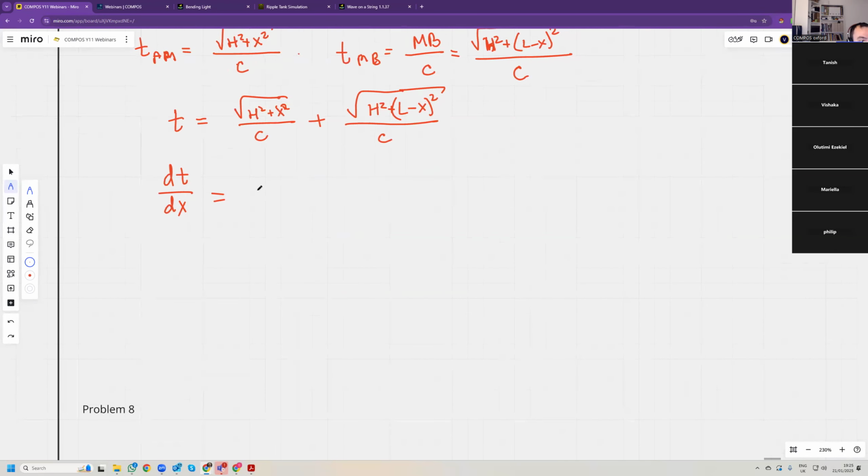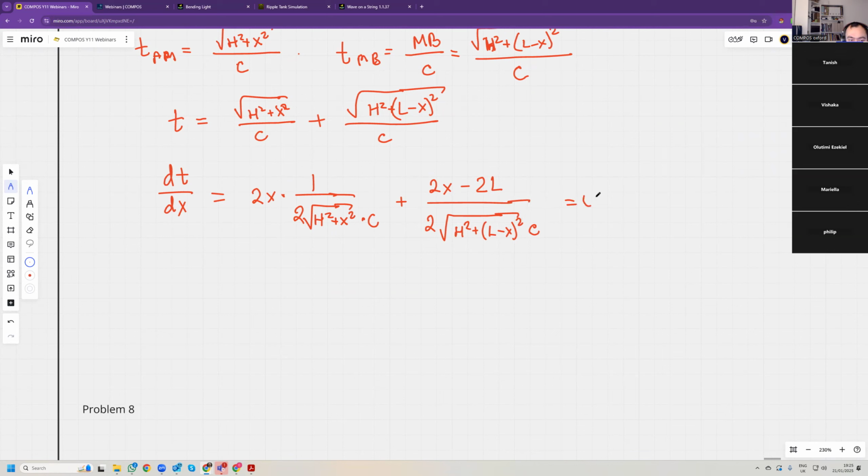It's going to be 2x multiplied by 1 over 2 root h squared plus x squared, c, of course, plus 2x minus 2L over 2 times square root of h squared plus L minus x squared, c, and that must equal 0.